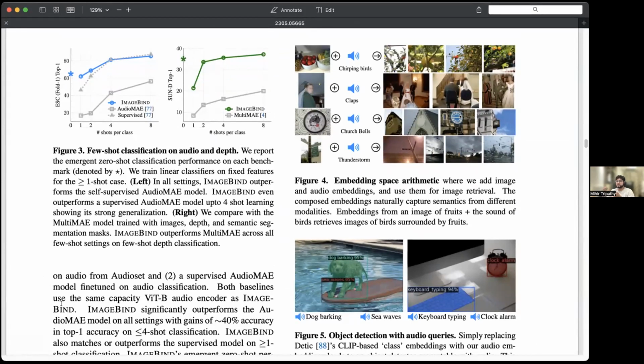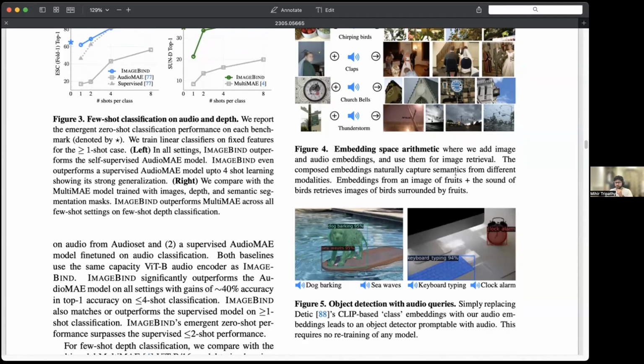Or for doing tasks which have multi-modal inputs. For example, the website of this paper really showed that.